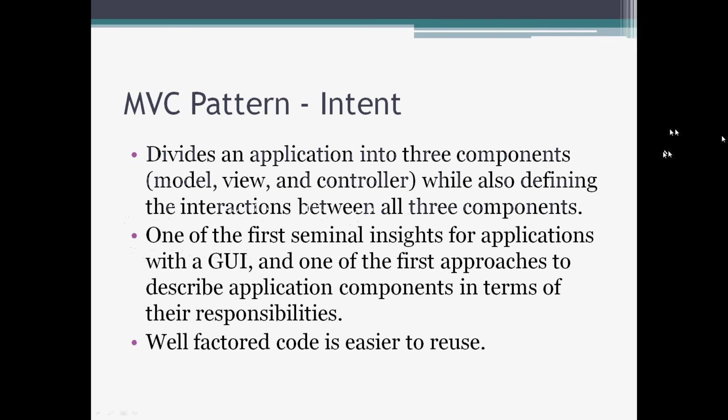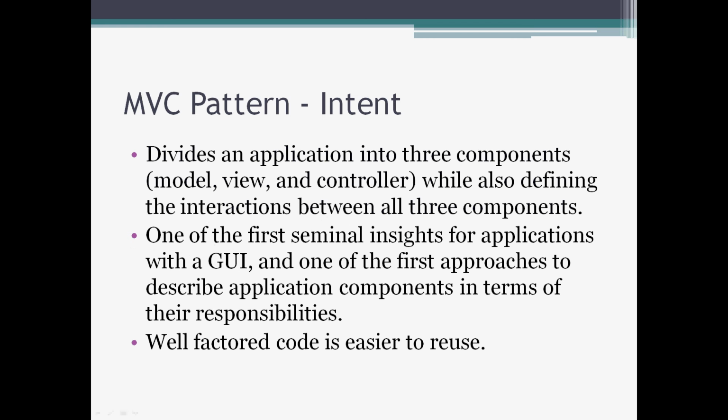So first going over its intent, the MVC pattern intends to divide an application into three components, the model, view, and controller, and that's actually what MVC stands for. And it does this while also defining the interactions between all three components.